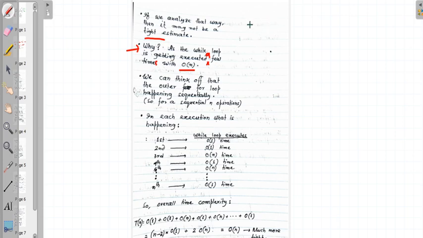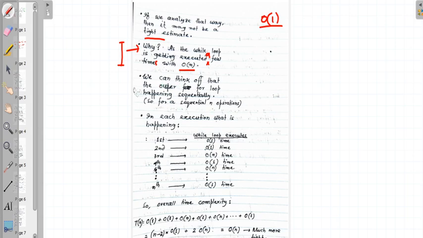Other than that, very often it is getting executed order of 1 time. This observation is very important. This observation is leading to the fact that whatever analysis we are doing in the worst case may not be tight.